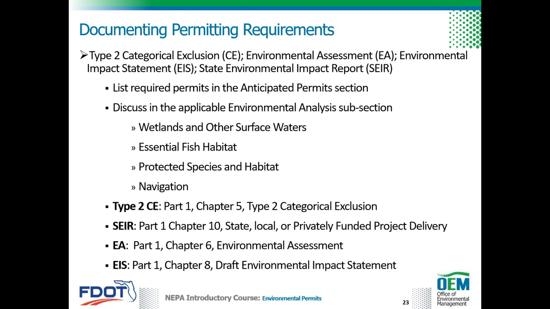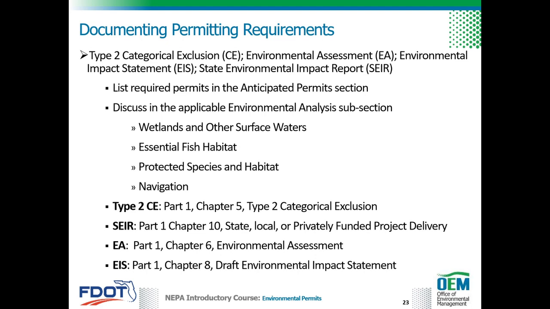Permits are recorded in the environmental document in a similar manner for Type 2 categorical exclusions, environmental assessments, environmental impact statements, and state environmental impact reports. Permits are listed in the Anticipated Permits section. They are also discussed in the applicable environmental analysis subsection as part of the discussion of coordination with the resource agencies requiring the permit.